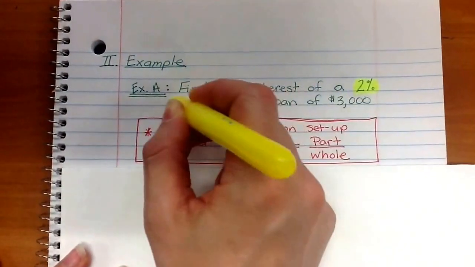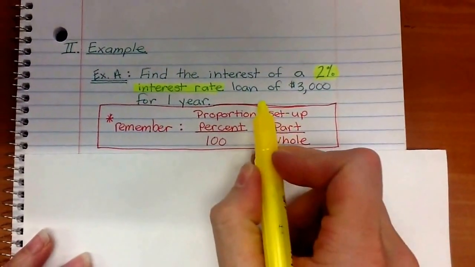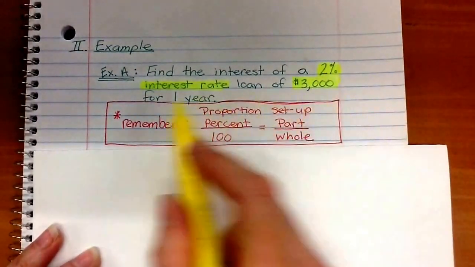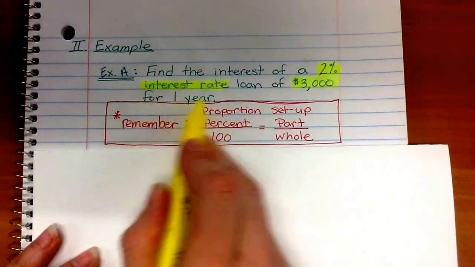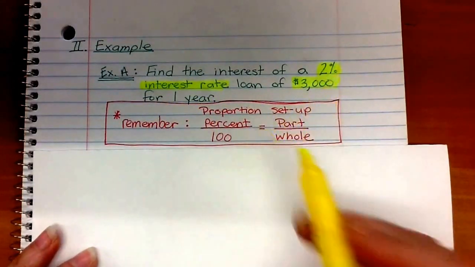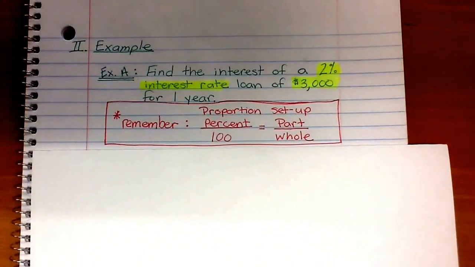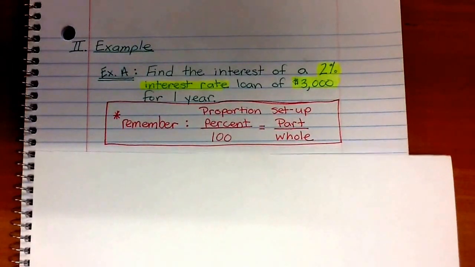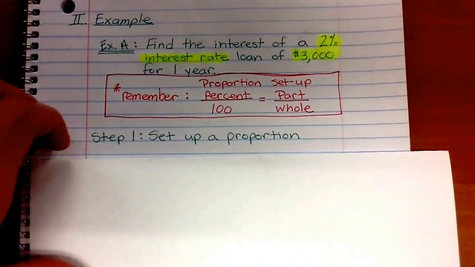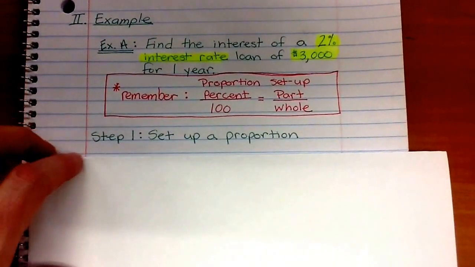So I know I'm looking for 2%. And my loan, my total of my loan is $3,000. And this is going to be paid in 1 year. So I know I have the percent and I have the whole. So with that information, I can actually set up my proportion. So my first step when finding the interest rate is going to be to set up the proportion.